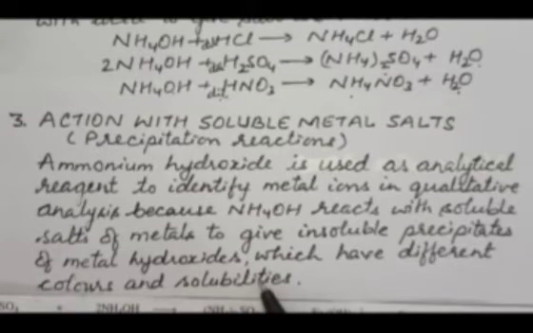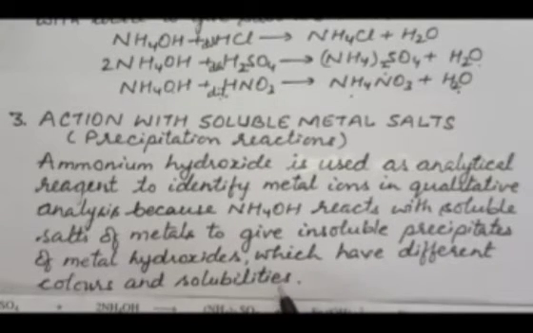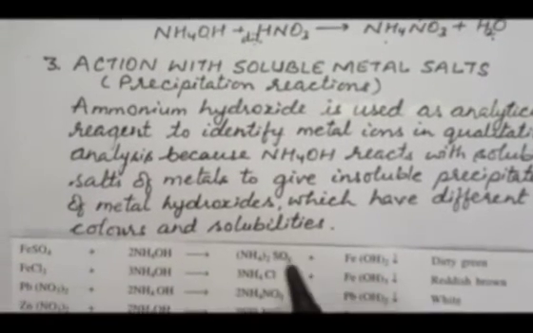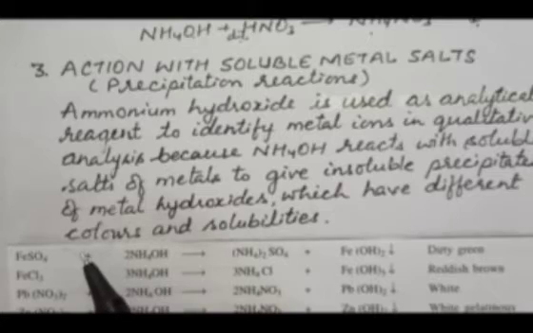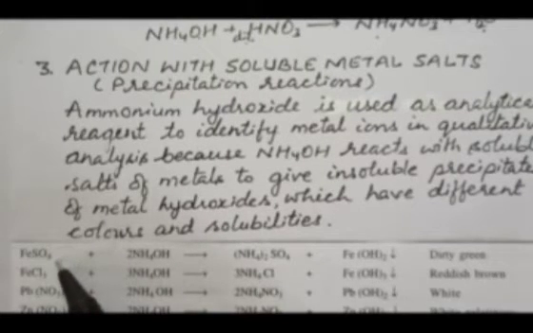which have different colors and solubilities. When ammonium hydroxide reacts with different soluble metallic salts, it gives precipitates of different colors, and some are soluble in excess and some are insoluble in excess. Look at the example of iron salt FeSO4.